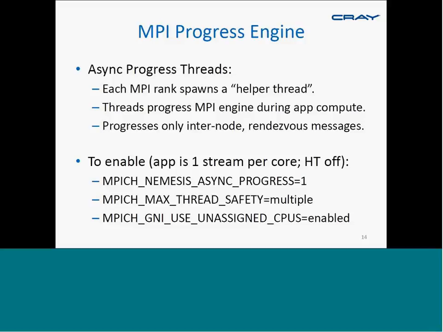So finally, we'll come to the MPI progress thread, and this is a lot more important, I think, on the XC30 than it was perhaps on the XE or XK system type. Some of the latest features are just now coming to the platform that have been available for quite some time now.